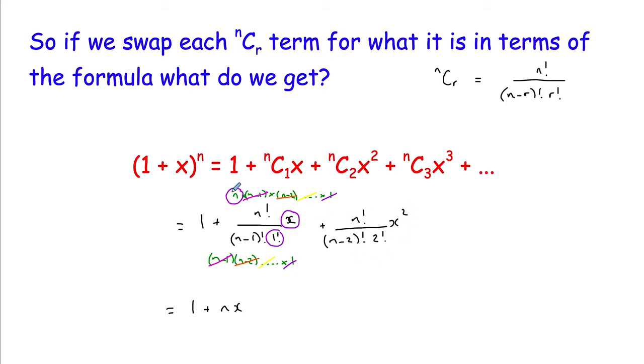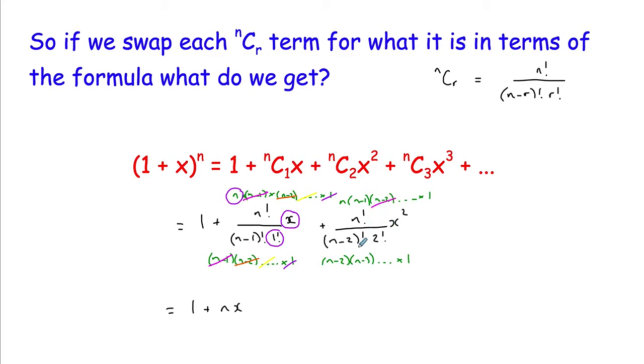n factorial, we've just said, is n times n minus 1 times n minus 2 times n minus 3, all the way down to 1. This term here now starts with an n minus 2 times n minus 3 times n minus 4, and so on, all the way down to 1. And again, we're going to have terms cancelling out.